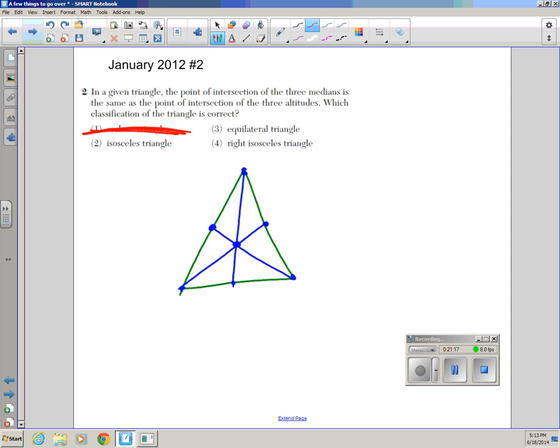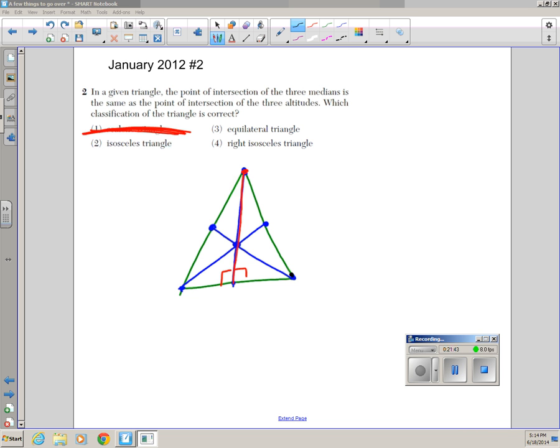In an isosceles triangle, the altitude going down to the base is actually the same as the median, but it's not the same from the other sides because the altitude has to be perpendicular. And if you see, there's a slight difference here.